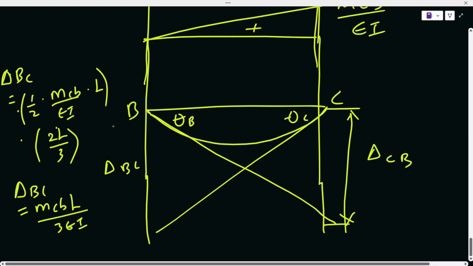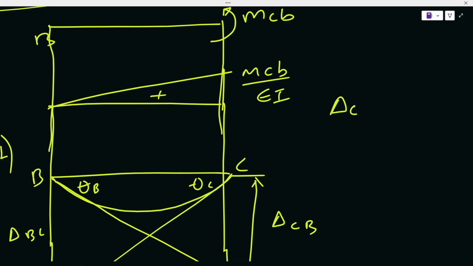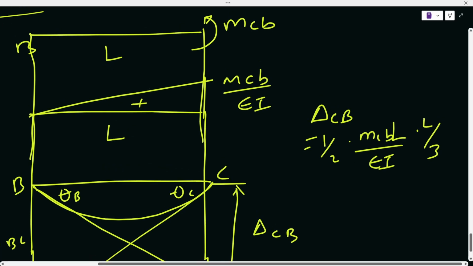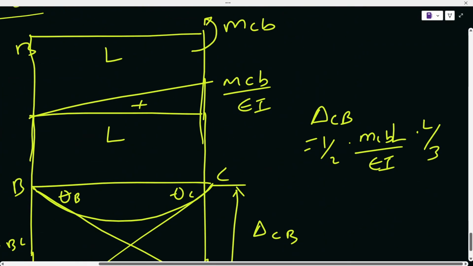Similarly, for this one, we have delta CB to be half, I mean a triangle, MCB. Oh wow, I didn't even explain why it's half MCB. It is L over 3. Well, this is L, of course. It's like this because this is a triangle, so when I say the moment of area, I mean the area times the centroid.